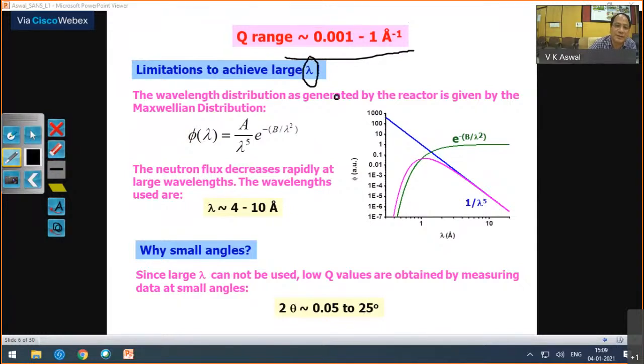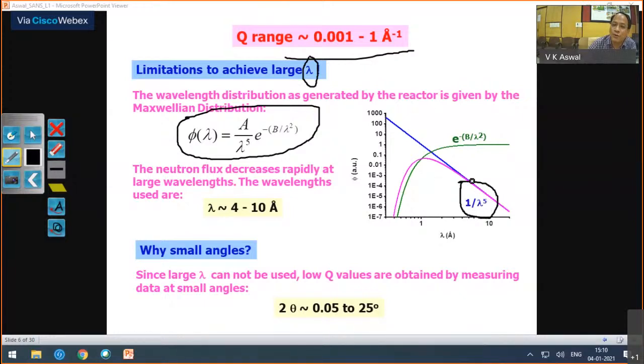But the thermal neutrons which are coming from the reactor have this kind of typical distribution. You can see that at high wavelength the flux is falling as 1 upon lambda to the 5.